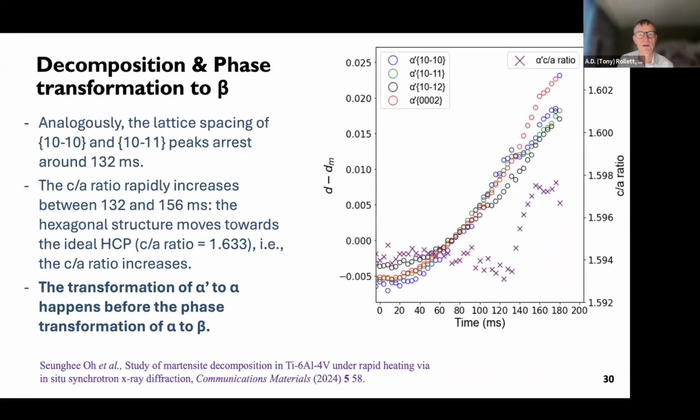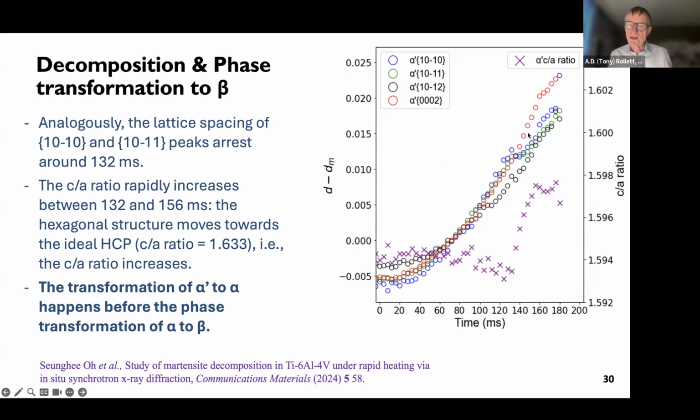All right, and then this is collecting changes in lattice parameter and in C/A ratio. So C/A ratio are the crosses, and then the circles have to do with the changes in these particular peaks.